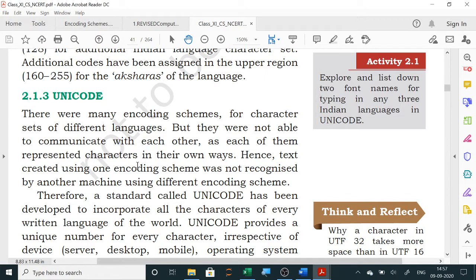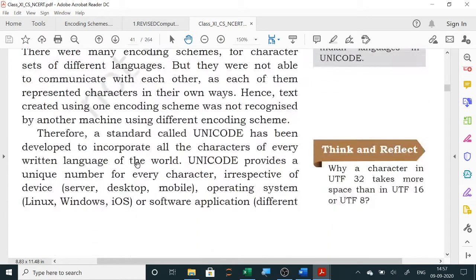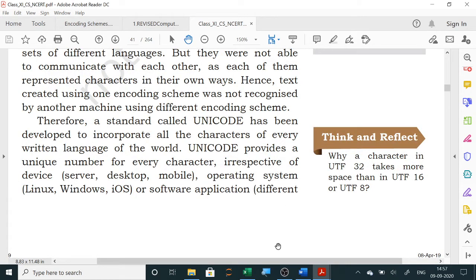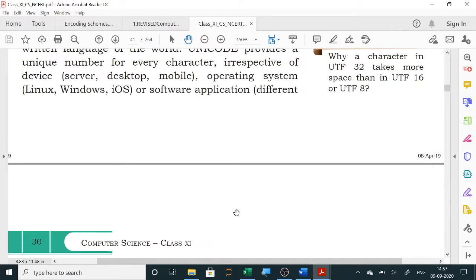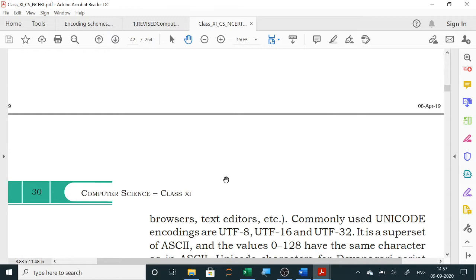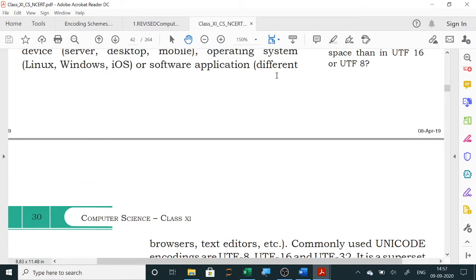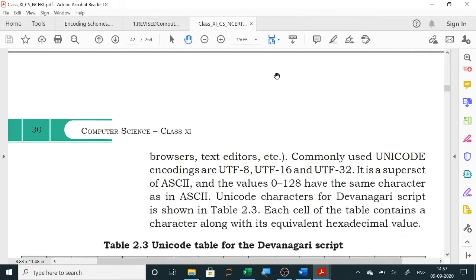Therefore, a standard called Unicode was developed to incorporate all the characters of every written language of the world. Unicode provides a unique number for every character irrespective of device, server, desktop, mobile, operating system, Linux, Windows, iOS, or software application. Clear? So with Unicode, all the languages can be converted from one form to another.